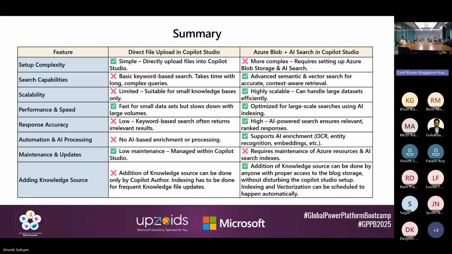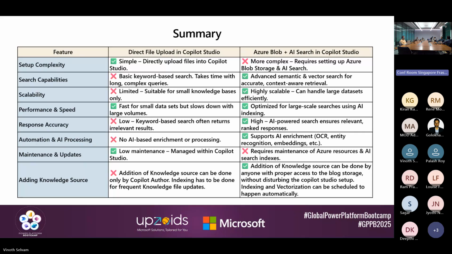But one main thing is the last point mentioned there. Consider you already designed a Copilot agent and given it to the users. If you have to supply more files or update the data, and you did it by directly uploading the file in Copilot Studio, it would require an admin or a person to make that change. Only an admin can do it.